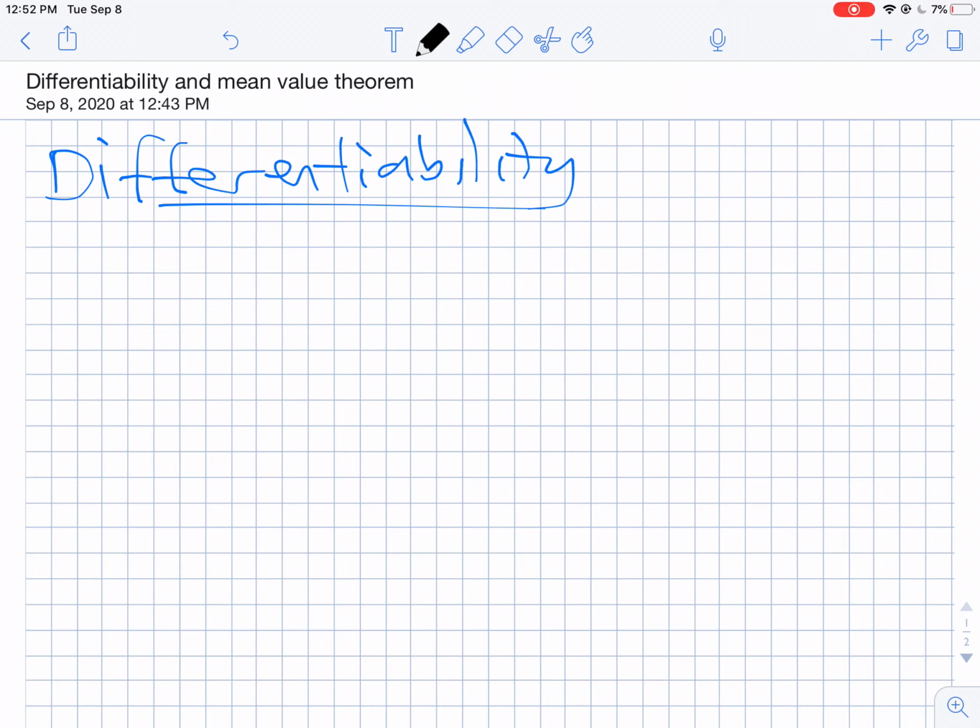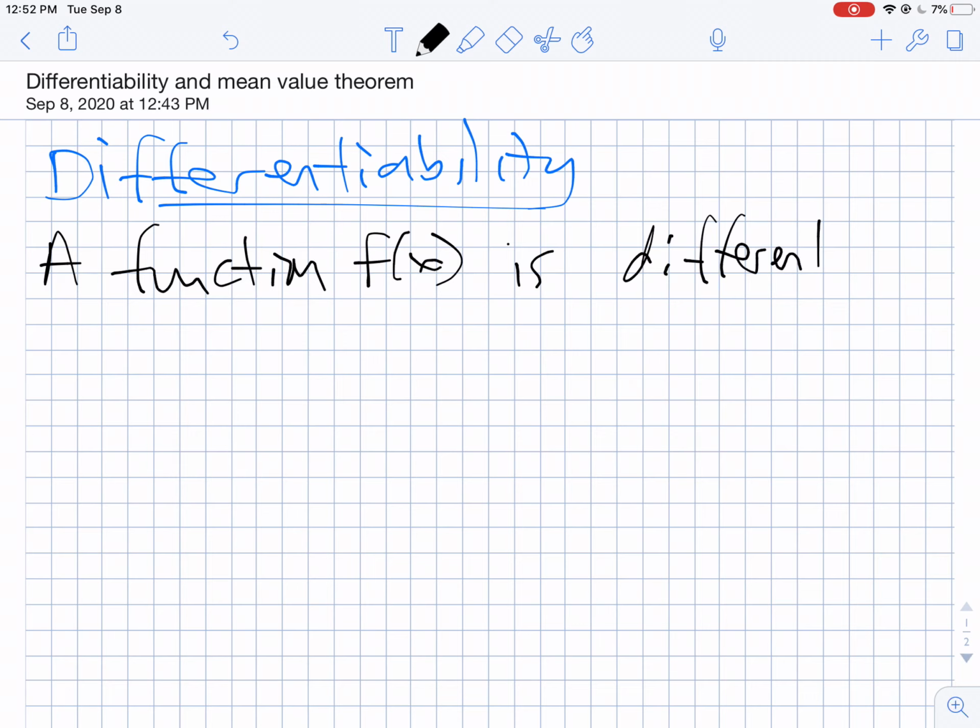So we're going to first say a function f of x is differentiable given there are two cases that must be true.